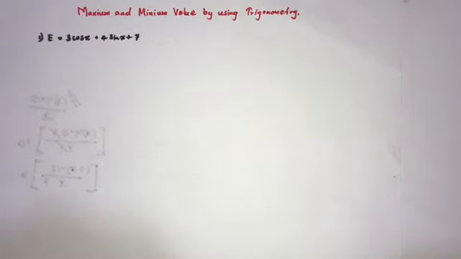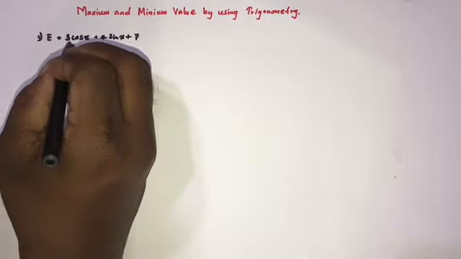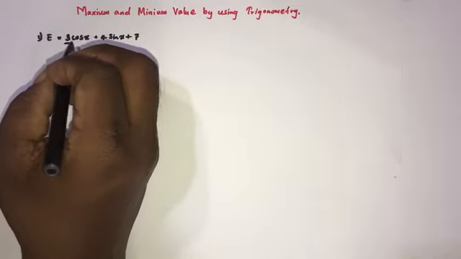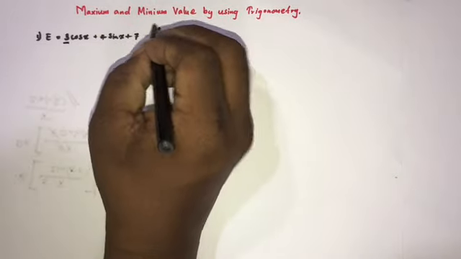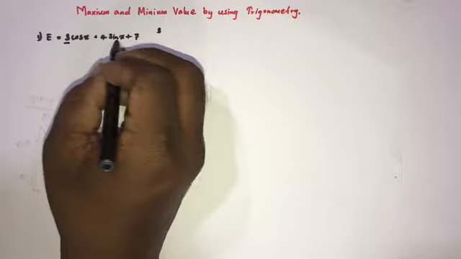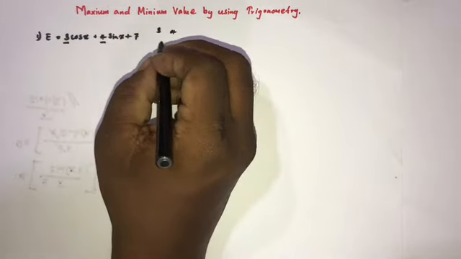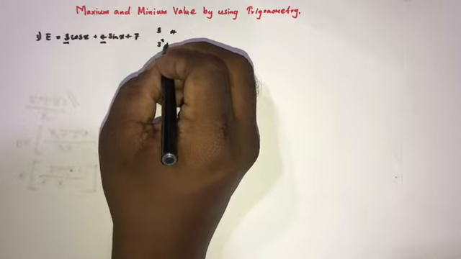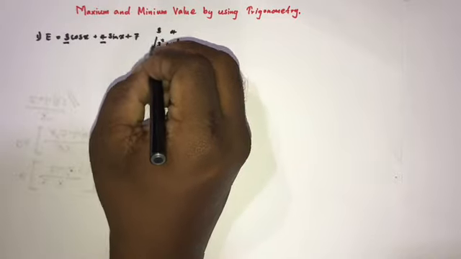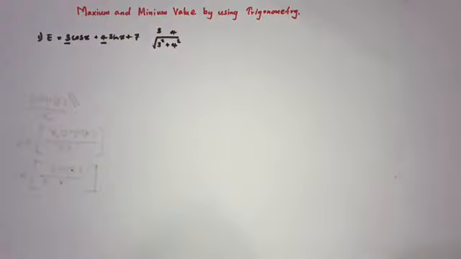For this type of question, first we should take the coefficient of cosine of x, which is 3, and the coefficient of sine of x, which is 4. Then the square root of 3 squared plus 4 squared. 3 squared is 9, 4 squared is 16, so 25.